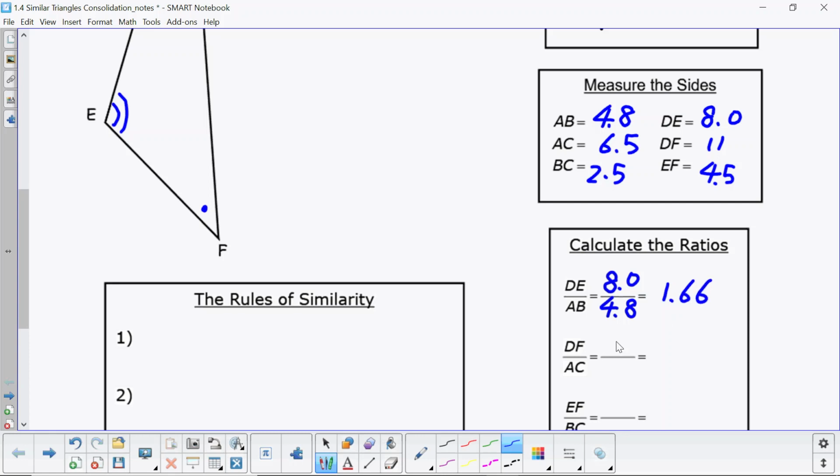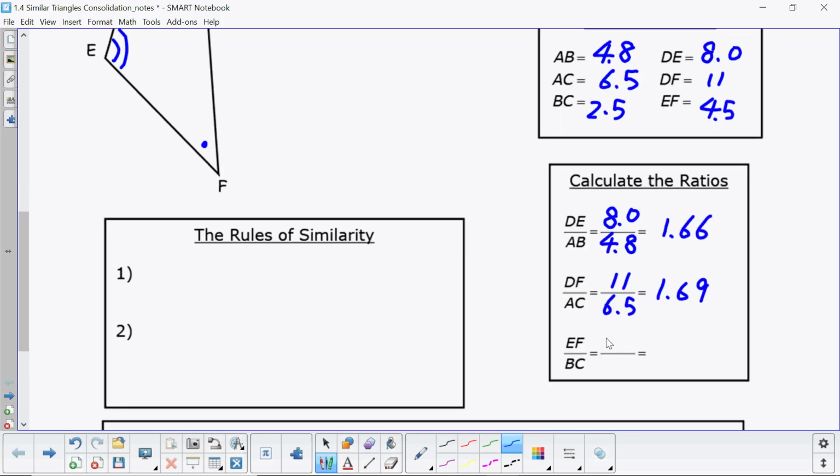And 11 divided by 6.5 gives you 1.69. And the last one, 4.5 divided by 2.5, gives you 1.8. So they are not exactly the same, but without human errors, they should be equal.